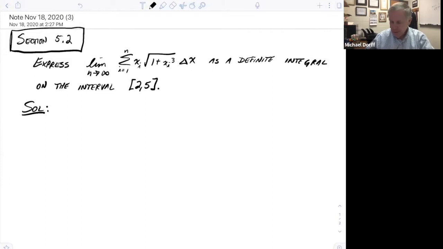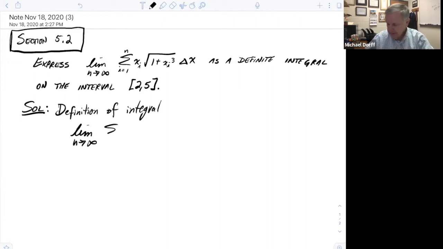So the first thing we need to know here is the definition of the integral. And what is that? That says that this limit as n goes to infinity of the sum i equals 1 to n of f of x sub i delta x equals the integral from a to b of f of x dx.